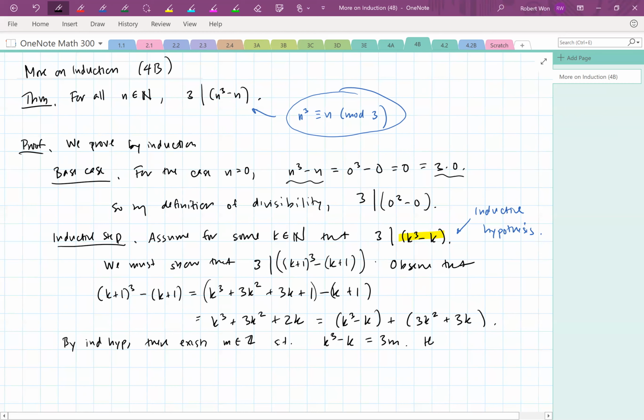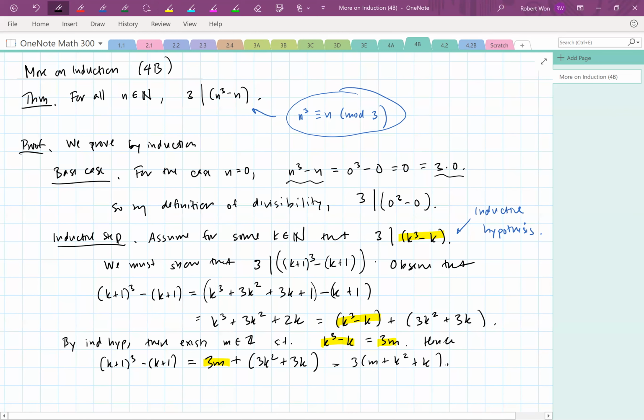Hence this thing that I'm interested in equals 3m plus 3k squared plus 3k. Let's do one step at a time. All I've done is replace this with this because they're equal. And this is equal to 3 times m plus k squared plus k.